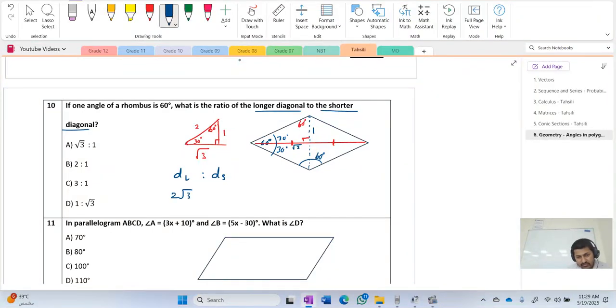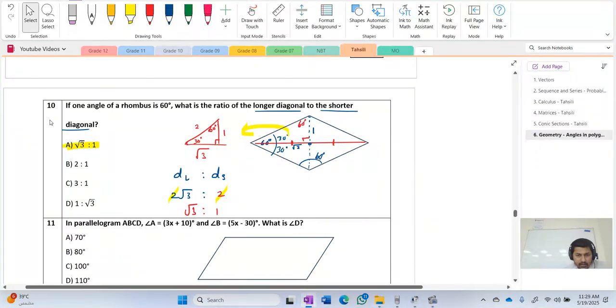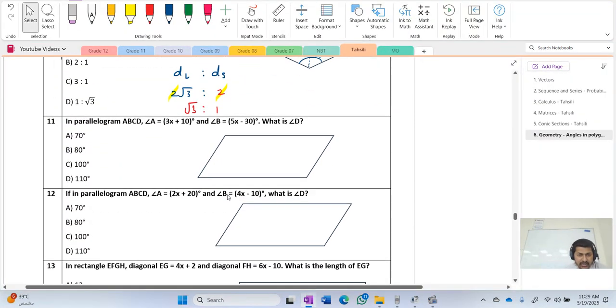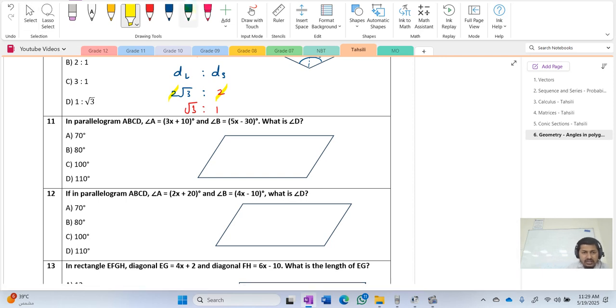Next question. In a parallelogram ABCD, angle A is 3x plus 10 and the adjacent angle is 5x minus 30. What is angle D? Angle D is the same as angle B, because the opposite angles are the same.